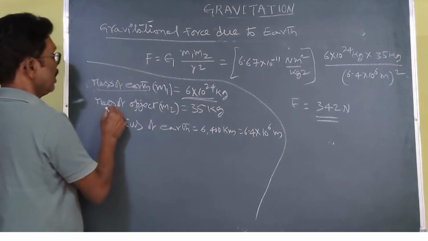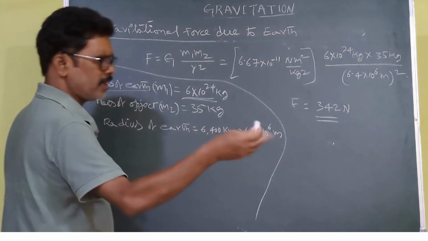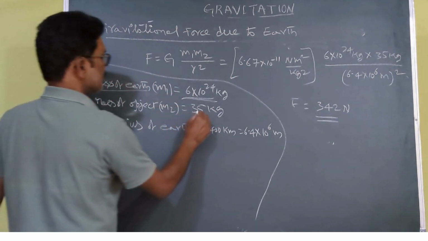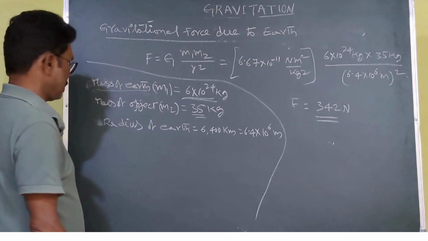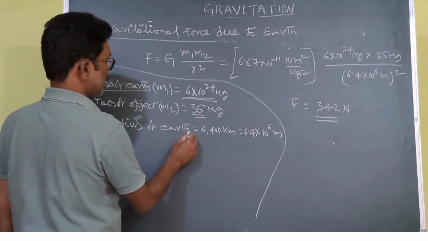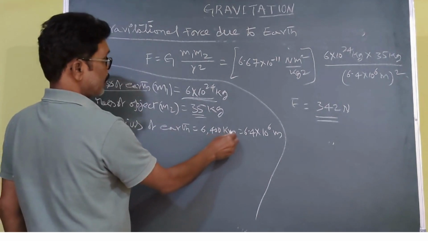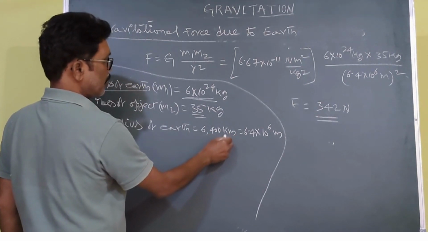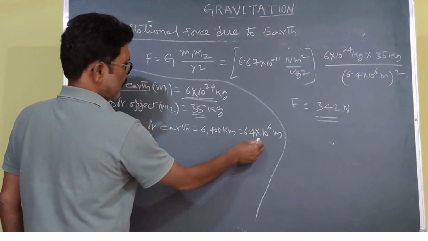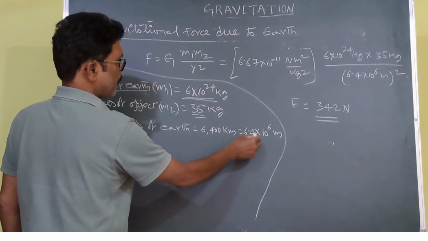That is the mass of the earth. Now we can take any object; I take one object with mass 35 kgs. The radius of the earth is 6,400 kilometers, or converted into meters, 6.4 times 10 to the power of 6 meters.